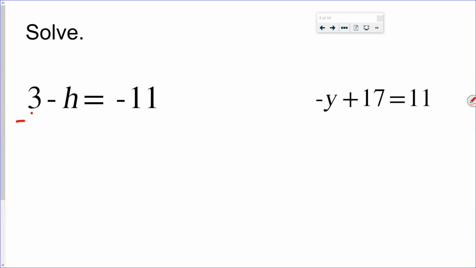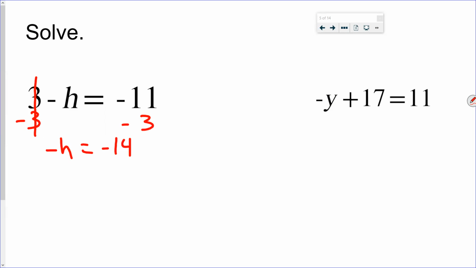The opposite of a positive 3 is a negative 3. So we're going to subtract 3 because 3 minus 3 is 0. That makes those go away. Subtract 3 from the right side. This leaves us with minus h equals negative 11 minus 3, which is negative 14.